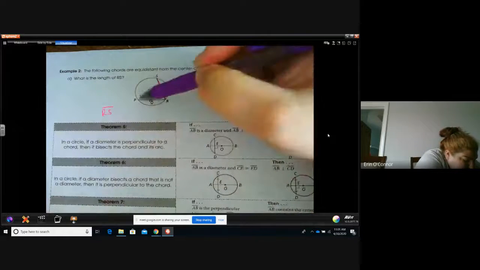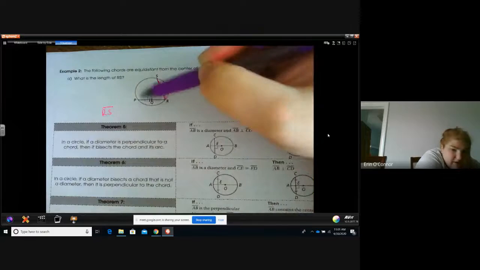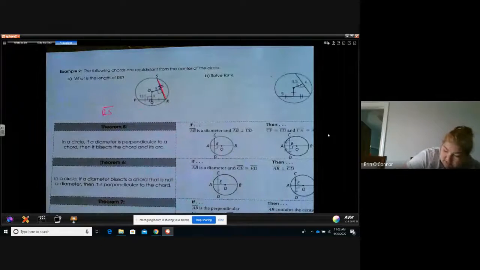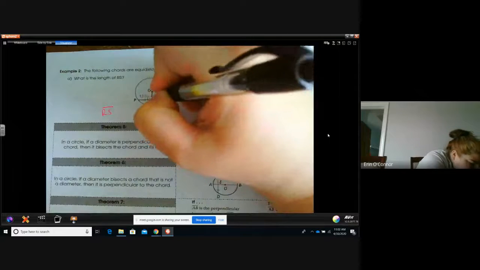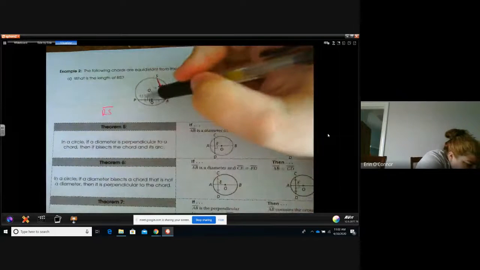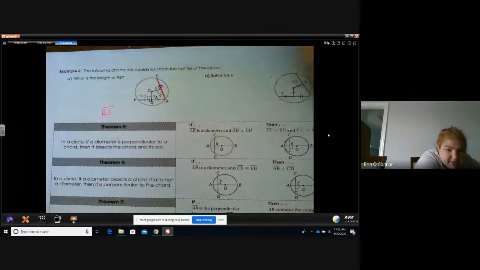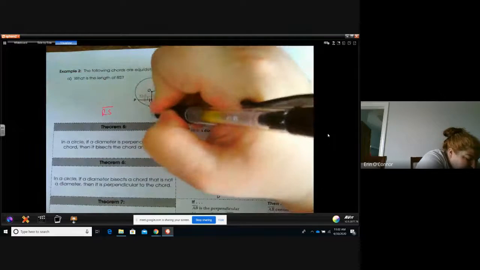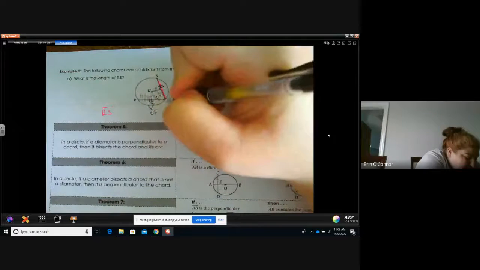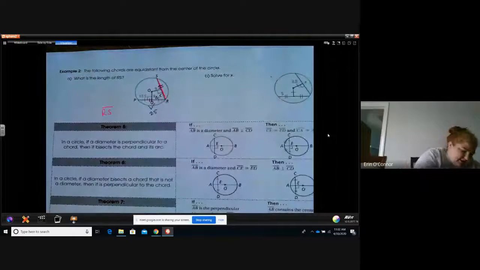And I know that this half from P to Q is 12.5, which means this half from Q to R is also 12.5 because it shows that little one line right there showing congruency. And so this whole side right here is 25. And since PR is 25, RS is also 25.